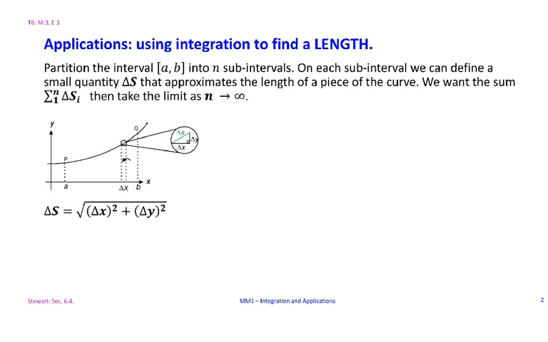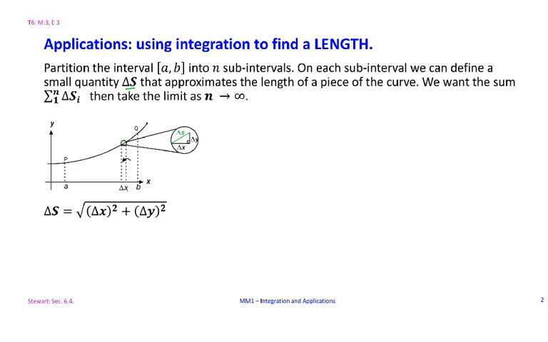Now, if we partition this interval into n subintervals, on each subinterval we can define a small quantity delta s that approximates the length of the piece of the curve. So we want the sum from i equals 1 to n of delta s, and then take the limit as n goes to infinity.